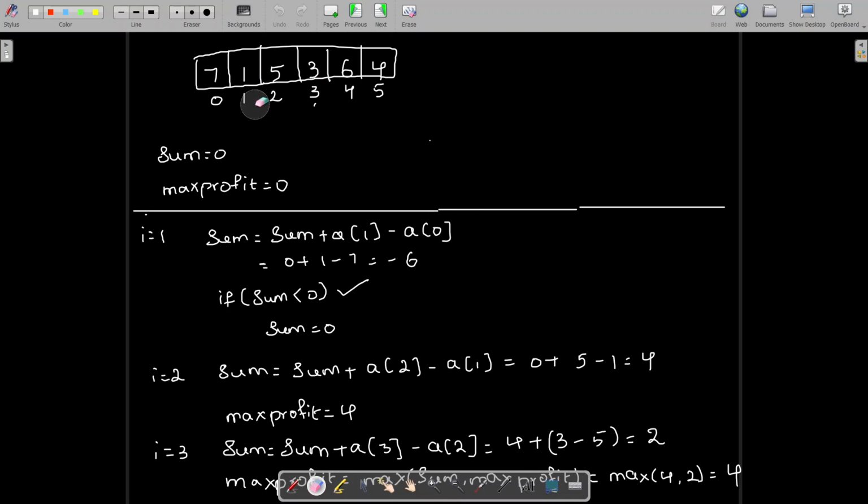3 minus 1, which is 2, is the profit we have generated by buying on day 1 and selling on day 3.